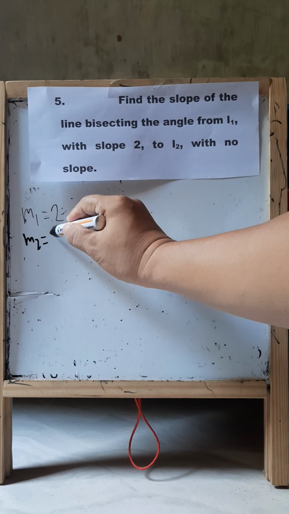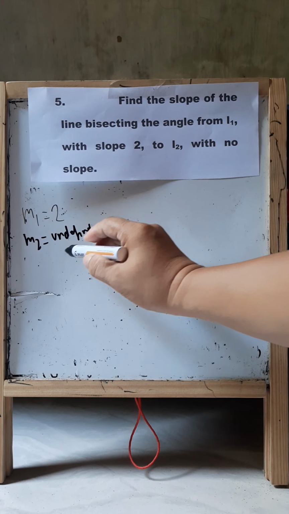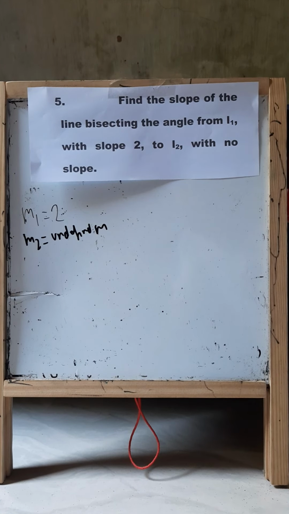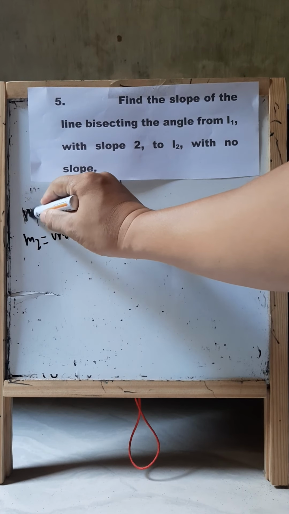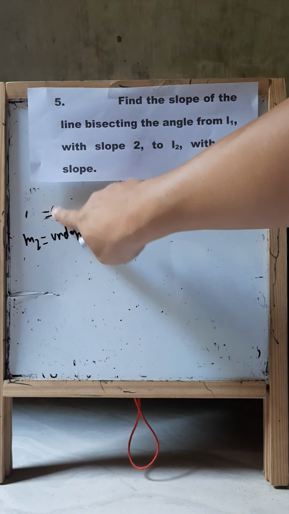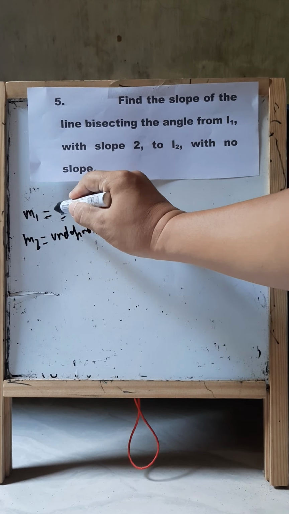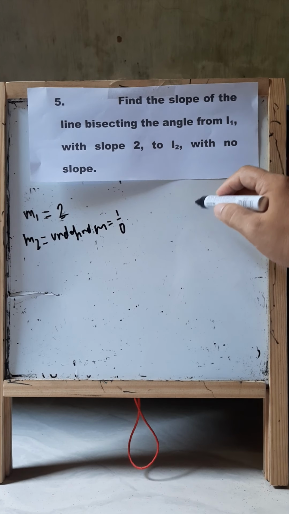No slope means undefined slope. So we will assign the value 1/0 again. m sub 2 is undefined, so the slope is 1 over 0. Slope of line 1 is 2. Slope of line 2 is undefined, so 1 over 0.